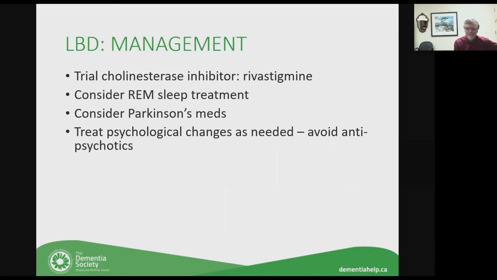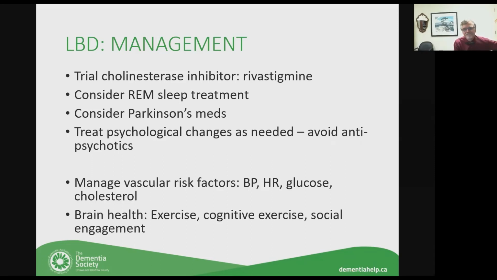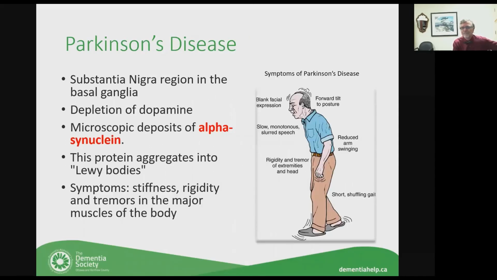Like I said, if we can explain it, usually families can accept that this is part of a disease and simply work around it. And again, we want to manage the vascular risk factors and do all those good brain health activities in Lewy body as well.